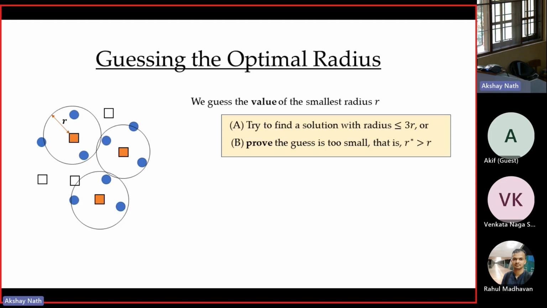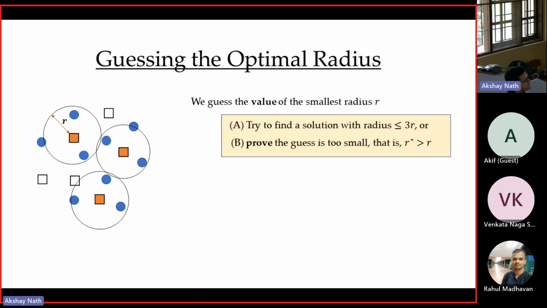Given that R, we're either going to find k centers so that every blue point is within 3R of an open square, or we are going to prove, in step B, that the guess R that we have made is too small. We're going to certify that the optimal answer is strictly bigger than R. This is actually the only thing that we'll solve.